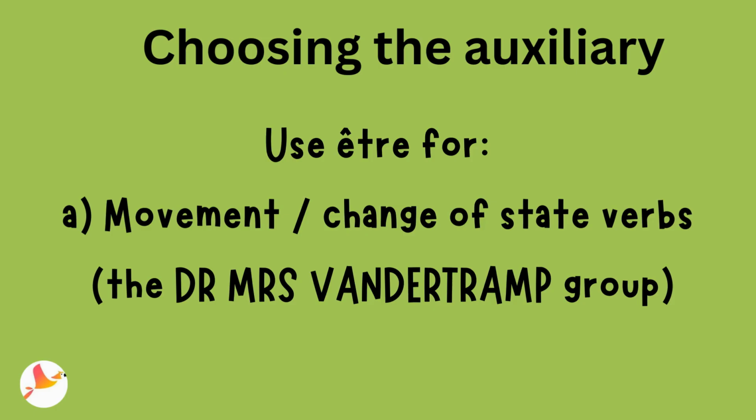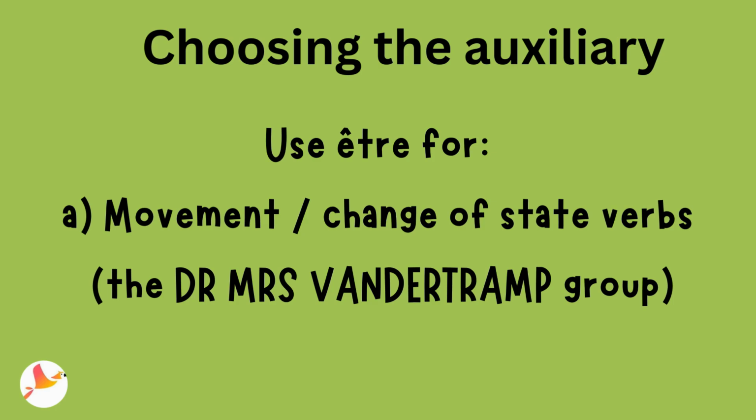Now, the verbs which use être as the auxiliary are verbs of movement or verbs that exemplify a change of state. They are neatly embodied in the group Dr. Mrs. Vandertramp.